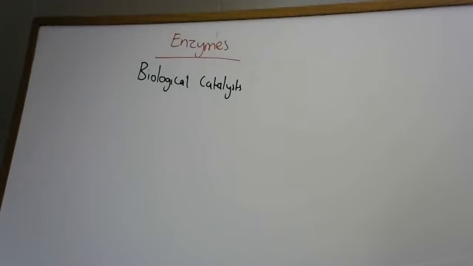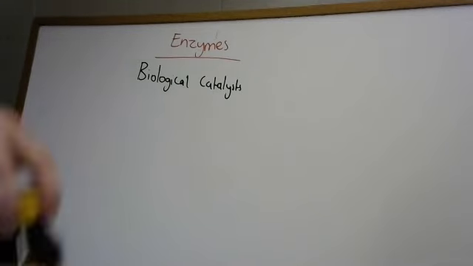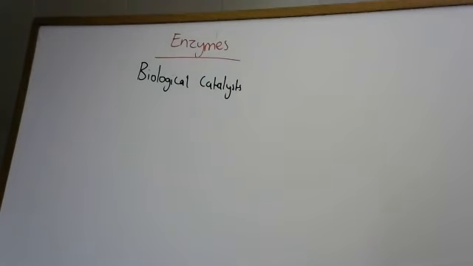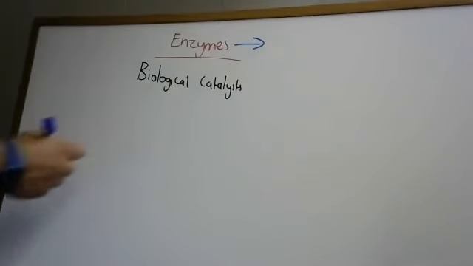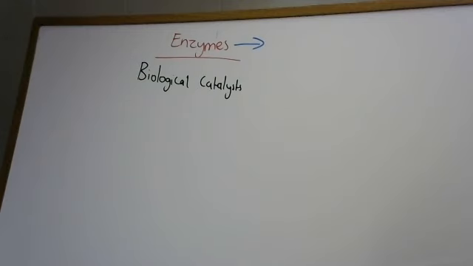The body already has ways of dealing with it, but it's too slow. This stuff is super toxic inside the body. It's produced in our cells normally. And what we need is an enzyme to break down the hydrogen peroxide.